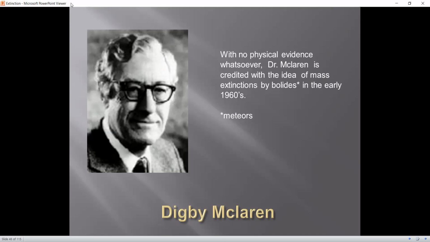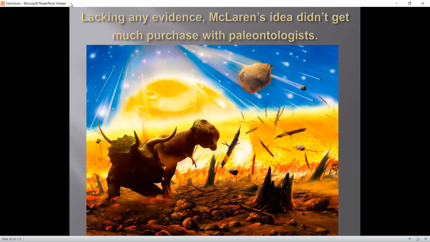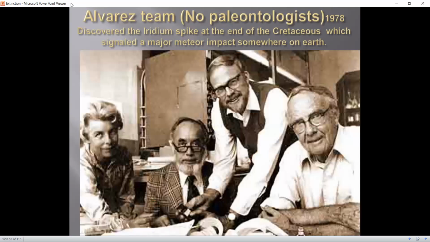Not a shred of evidence. And he wrote the paper, and everybody thought he was either a seer or he should be institutionalized somewhere quietly. But he came up with the idea. When he published this, the idea was immediately popular, but with no evidence, the paleontologists sort of sat on it. There was nothing to work with. It didn't offer anything. So the paleontologists were rather slow to accept that.